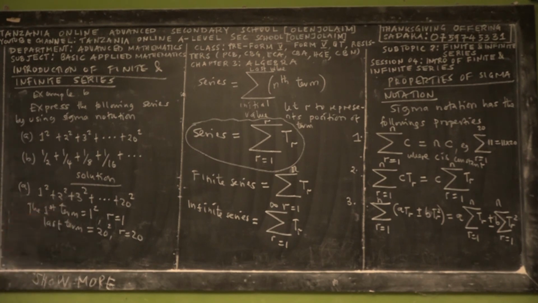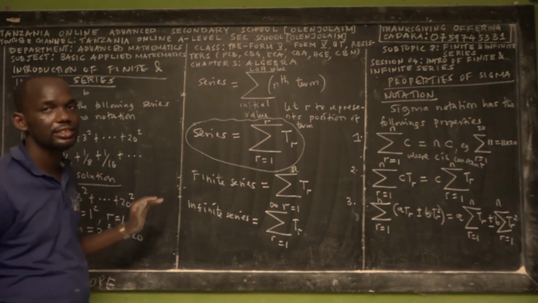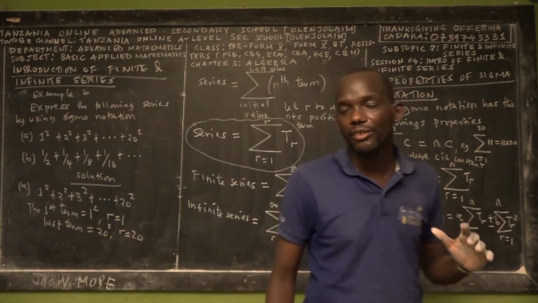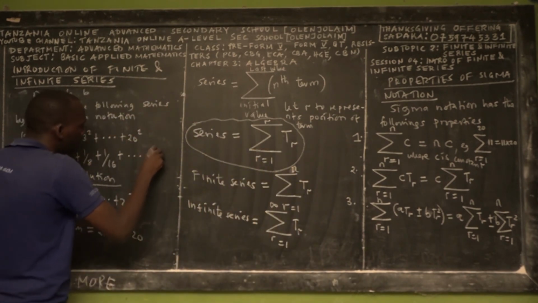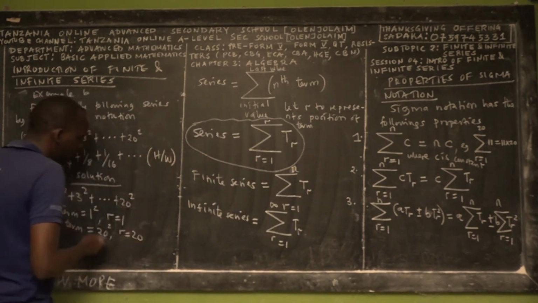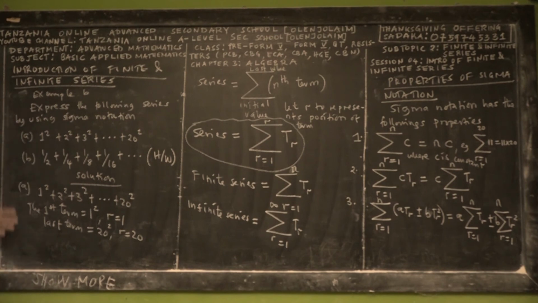Then by using this sequence, because this is a finite series, by reading the common rule that has been used there, this finite series involves what? So do this one as your homework. This finite series involves squares of natural numbers.